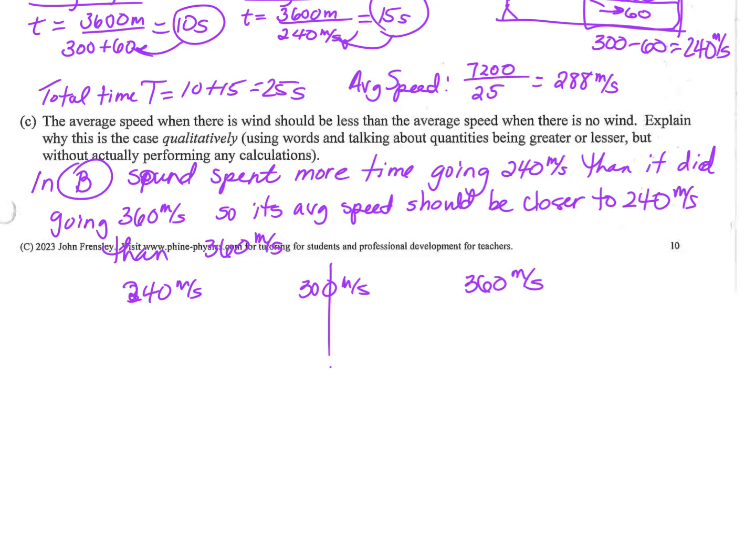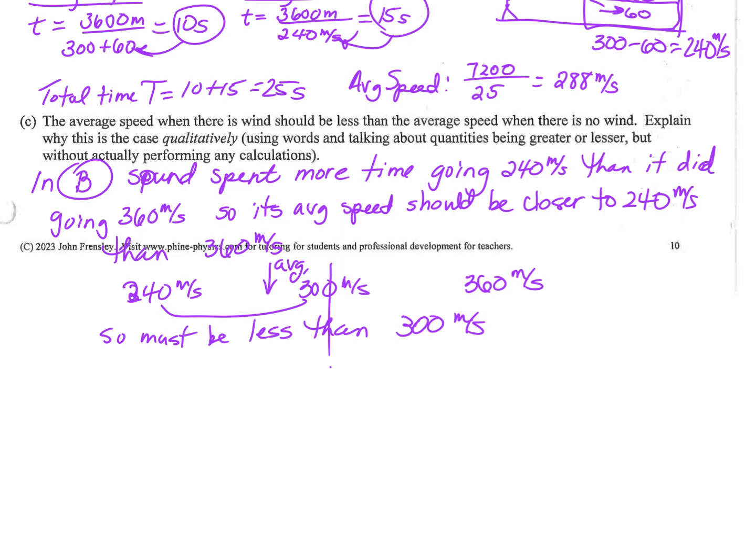If it has to be closer to 240, that means it has to be in here somewhere, which means it has to be less than 300 meters per second. Okay? So my average is in here somewhere.